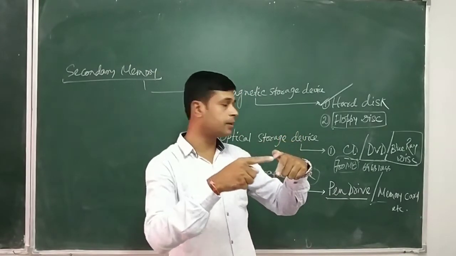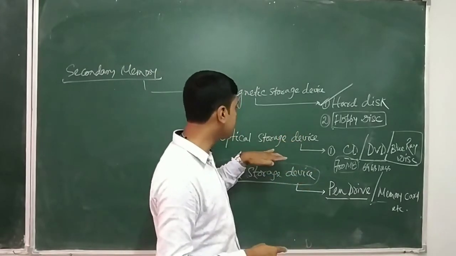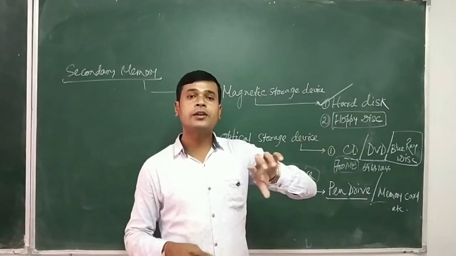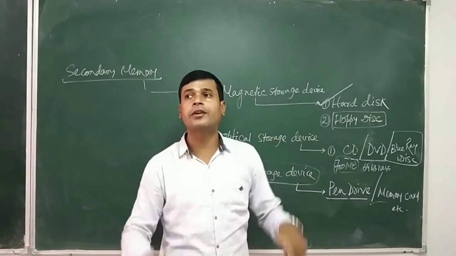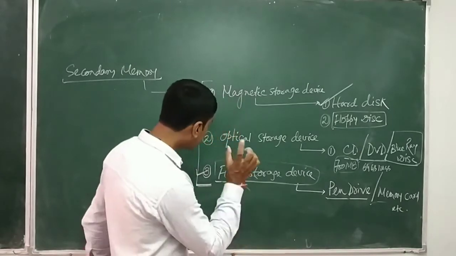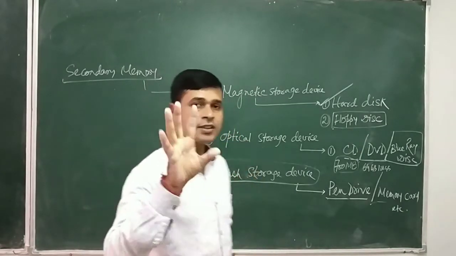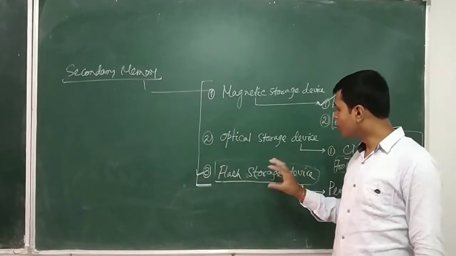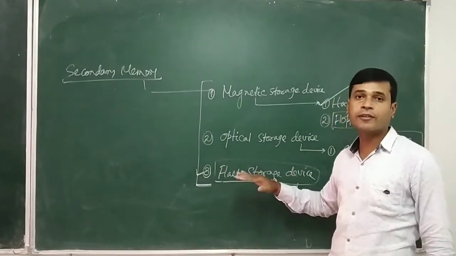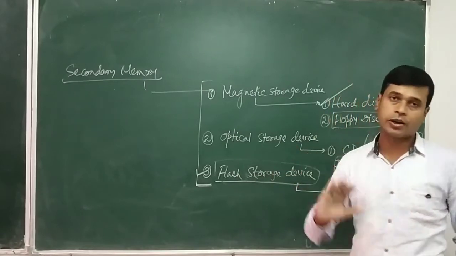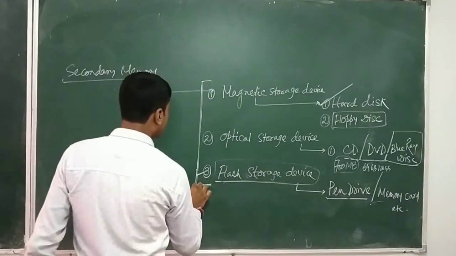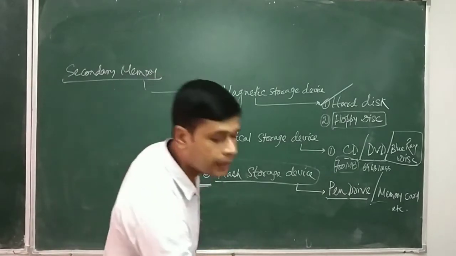But in flash storage devices, there is no rotation, so they are called flash storage devices. Okay, so these are the examples of secondary memory devices.